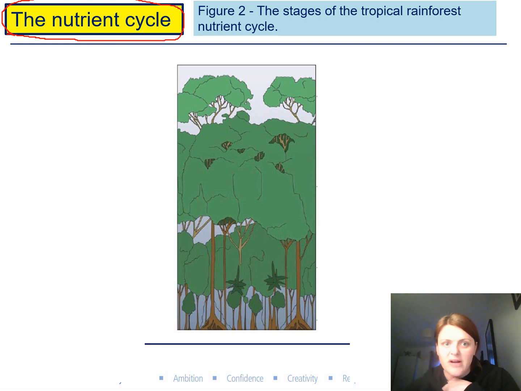And in a forest, these nutrients are passed around in a cycle that never ends, and this helps forests and other ecosystems stay alive. So what I want you to do is draw a quick picture of a rainforest like there is in the middle here, or you can just do a tree, or you can just copy down the words that come up on the screen. And I'm going to explain to you what the nutrient cycle is. So please copy down as we go.